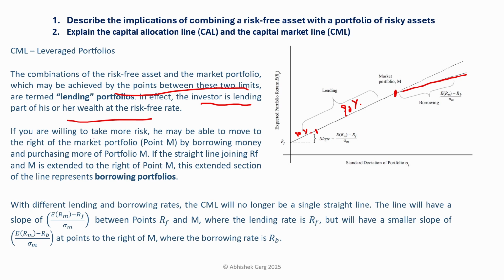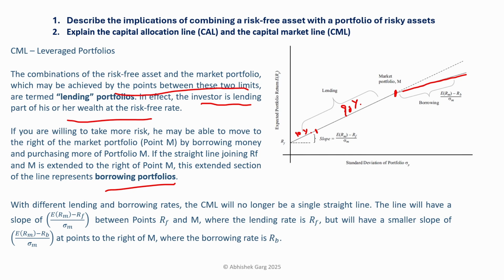So if an investor is willing to take more risk, he may be able to move to the right of the market portfolio by borrowing money, and this represents the borrowing portfolios. Now with different lending and borrowing rates, the CML will no longer be a straight line, because if you are lending money, you are lending it at the risk-free rate.